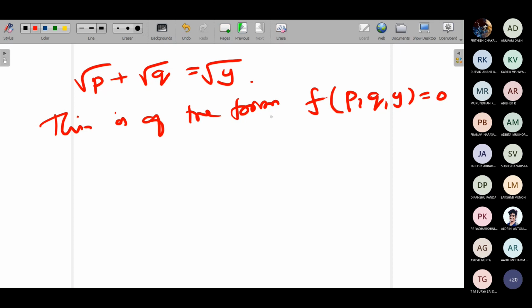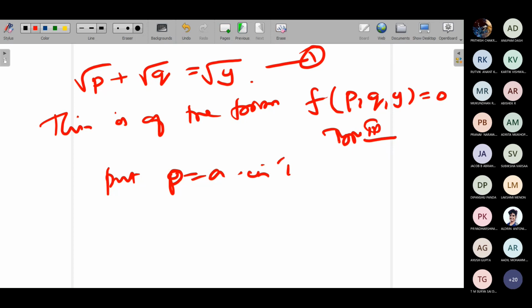So type 3, and put p equals a. Take this as equation number 1. So you'll get root a plus root q equals root y.